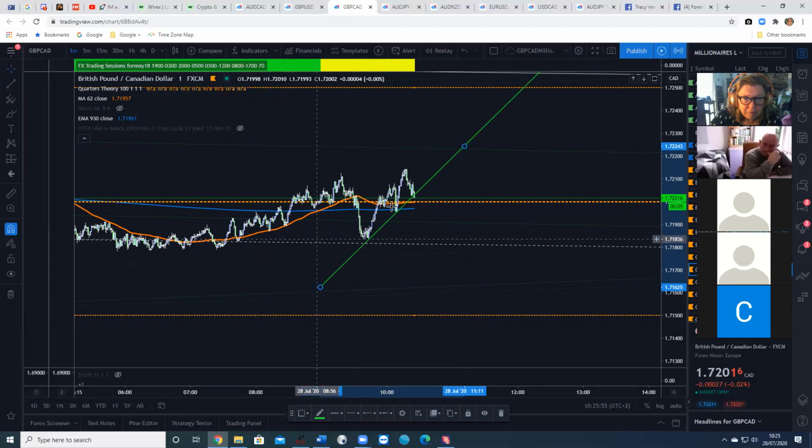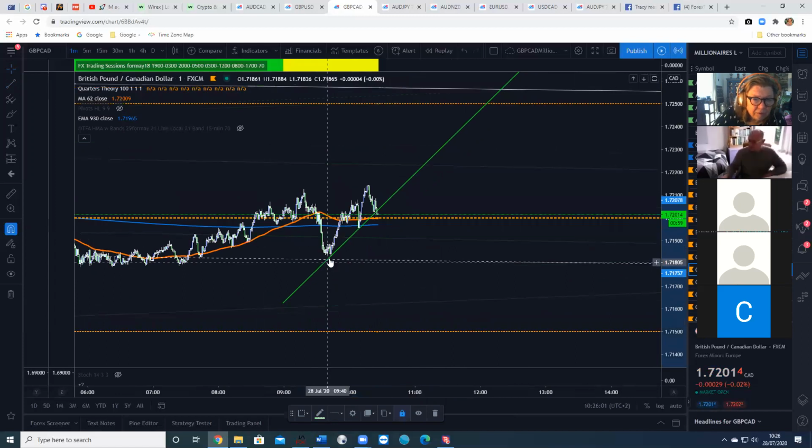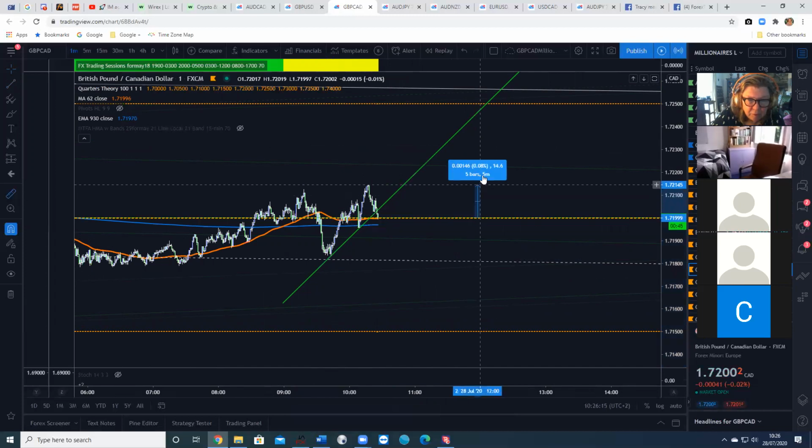And you've got an upward trend. So we're looking for, you don't want to get in like that. So we've got the orange above the blue for a buy, check 1. We've got price break and retest above quarter theory, check 2. That's 14 pips. And we've got a break and a retest of the 1 minute trend.